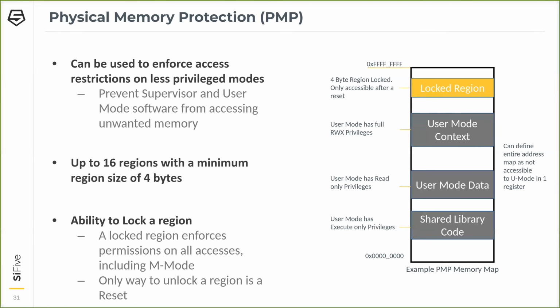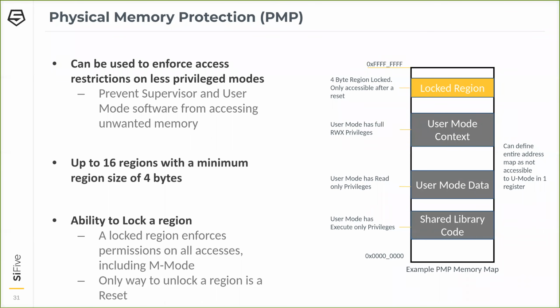So in the example on the right, I have an example memory map, and you can use the first region to mark the entire address space as not accessible to user mode, and then use the additional regions to map in specific contexts that you want user mode software to be able to access. And in that way, if user mode software tries to read, write, or execute address space outside of those windows that it's not supposed to, software will then trap to machine mode, where your software can then make a determination on what to do next.